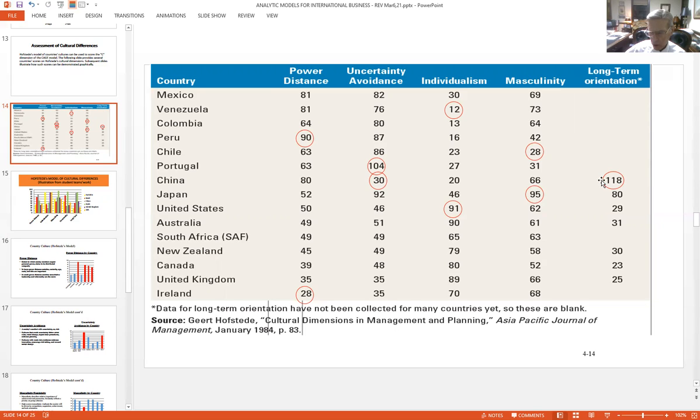I can attest to my work in China and Japan. China and Japan have very high loadings on long-term orientation. As it turns out, the Chinese culture does not have a high uncertainty avoidance. They're willing to take risks.